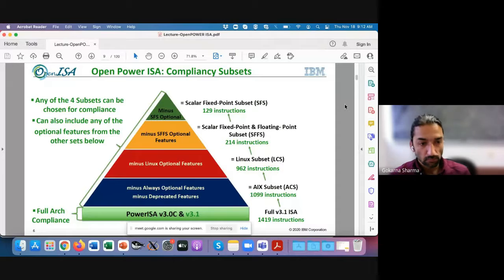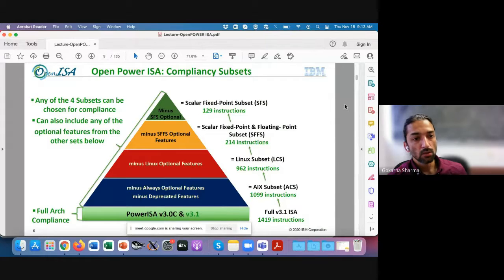the SFFS subset, the scalar fixed point and floating point subset. And when you remove the SFFS features, you come into SFS, the scalar fixed point subset. Any of the 4 subsets can be chosen per compliance, so pick any of the 4 subsets, and you can make a design that is compliant with the specification provided by OpenPower ISA.